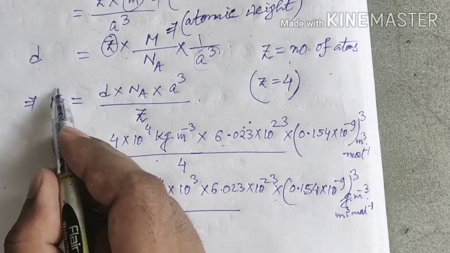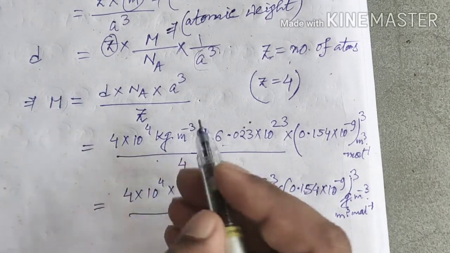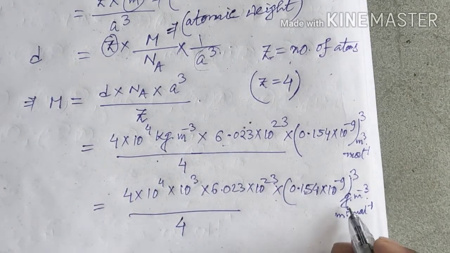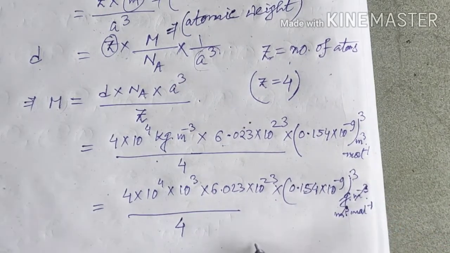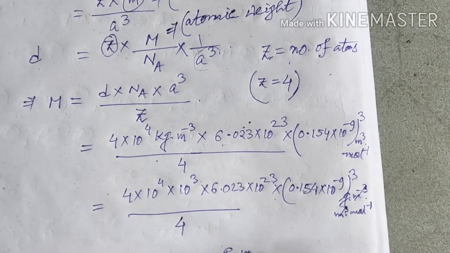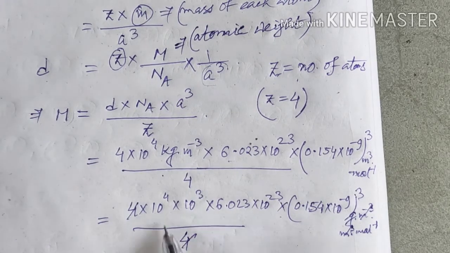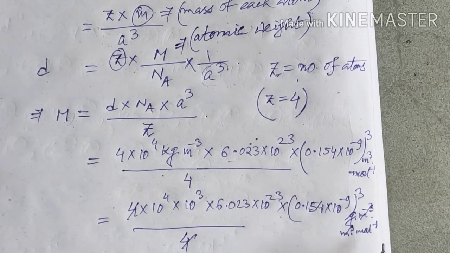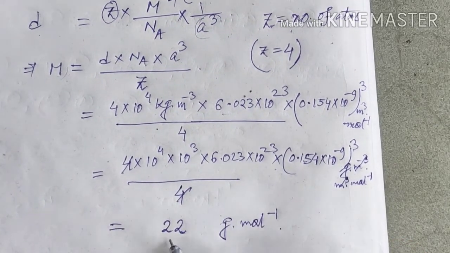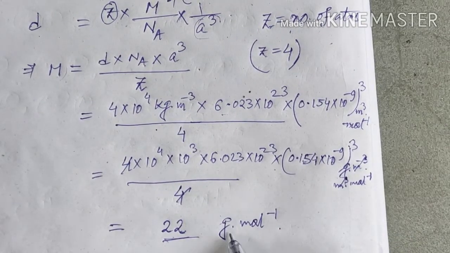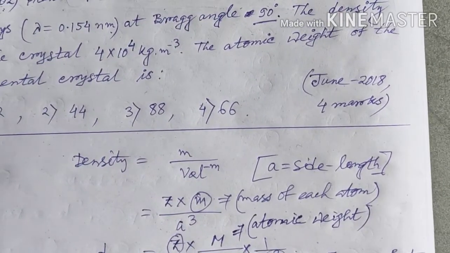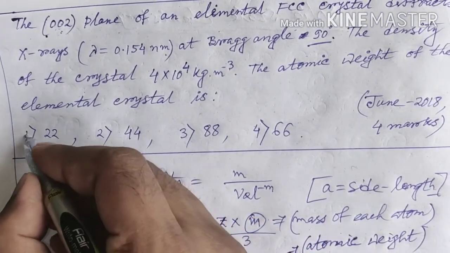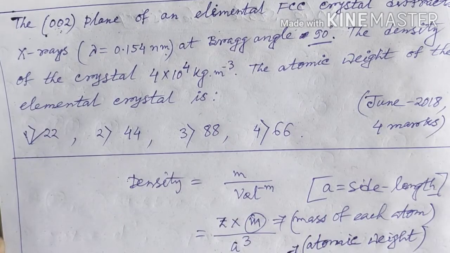So the atomic weight of the elemental crystal we will get in gram per mole, since meter cube and meter to the minus 3 will cancel out, and the unit will be gram per mole. If you calculate this using a calculator, the value you will get is 22 gram per mole. So the atomic weight of the elemental crystal is 22, and option 1 is the correct answer.